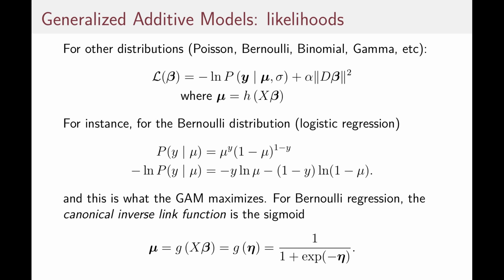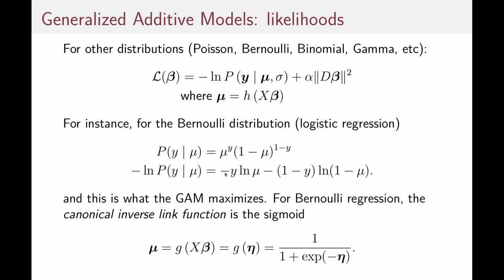To do that, we just replace the sum of squares in the objective with the negative log likelihood. So for instance, for the Bernoulli distribution, we have this likelihood, and then the negative log likelihood becomes this expression here.